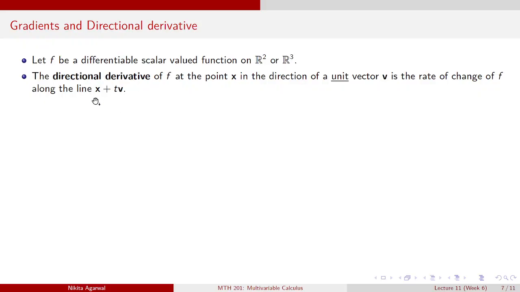What is the line x plus tv? It's the line passing through the point x with the direction v, right? So if you walk along this line, how does your function change? That's what we mean by directional derivative.